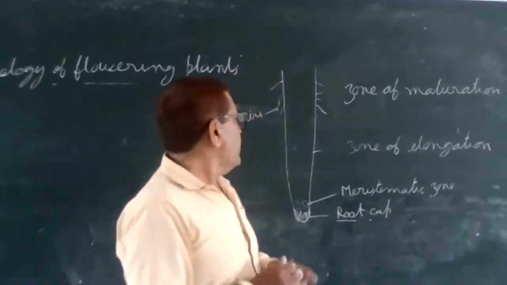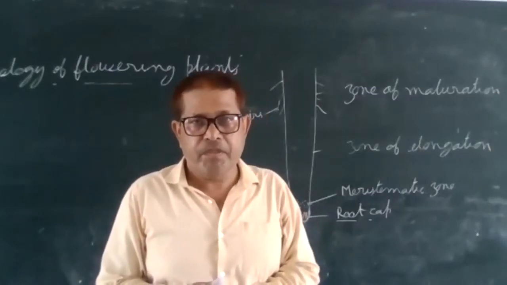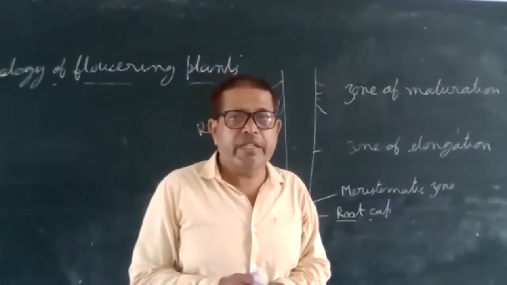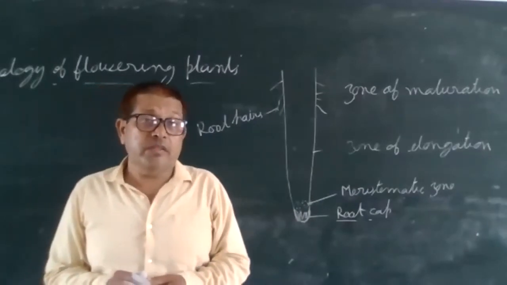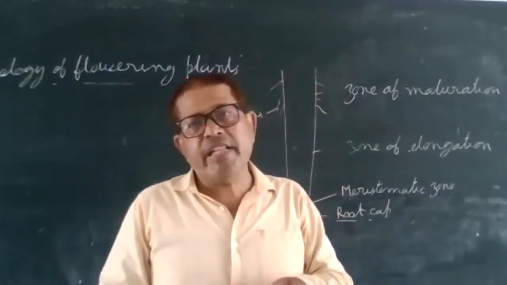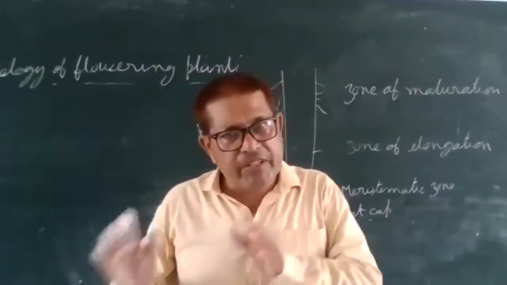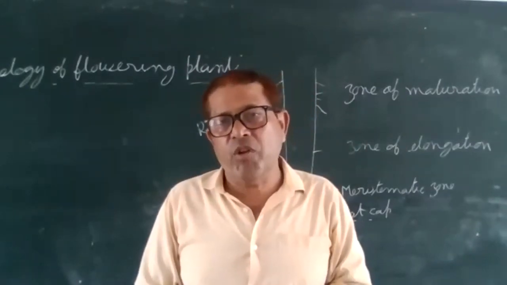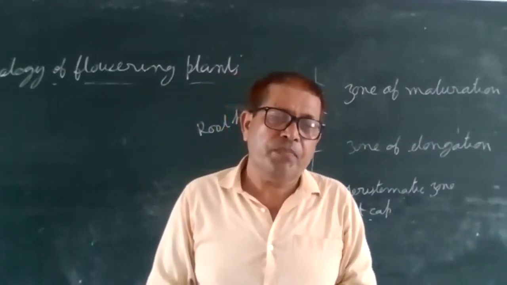In this region, root hairs are present, which are involved in the absorption of water and minerals. So, the main function of the root is absorption and fixation. It absorbs water and minerals from the soil and fixes the plant in the soil.